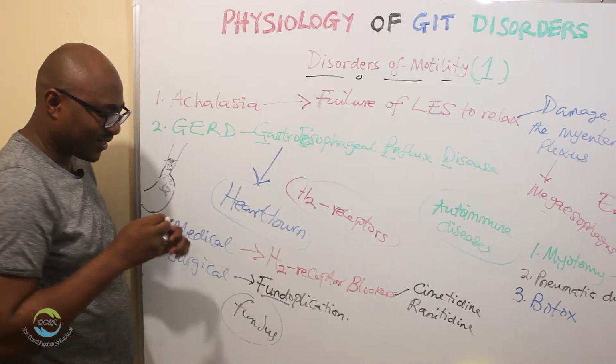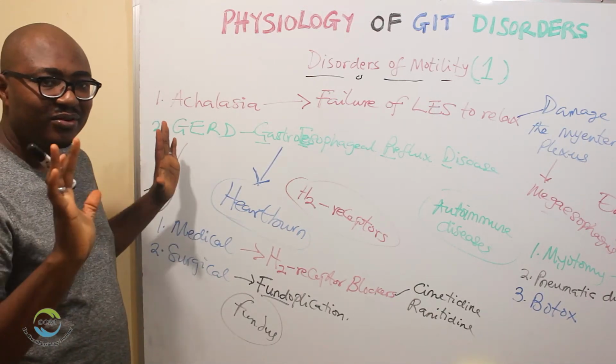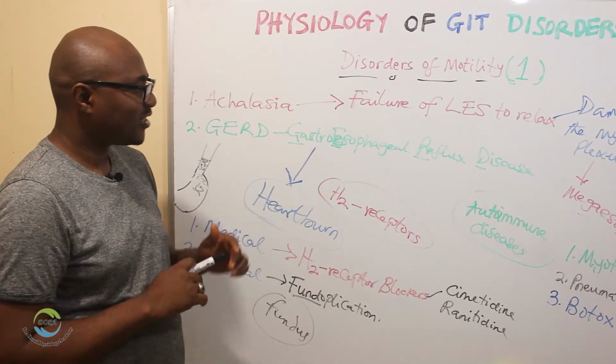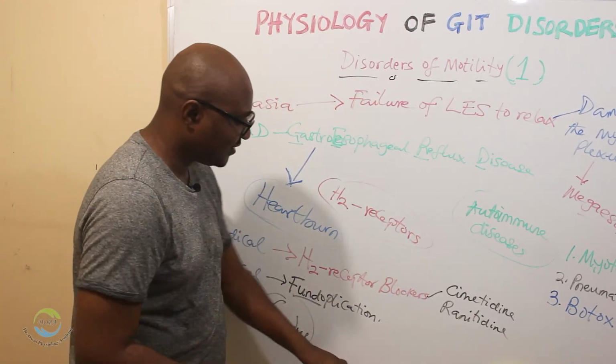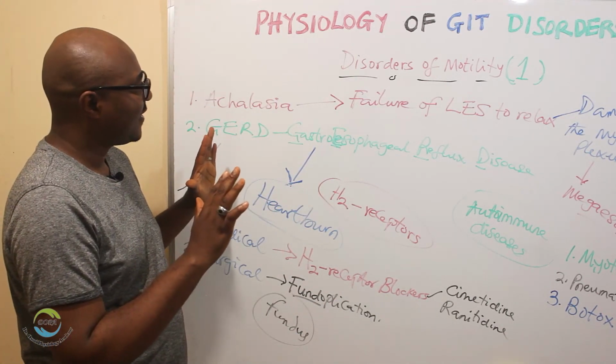That's what fundoplication is all about. It's a surgical procedure. And when you do that, problem solved. So that is how you solve this gastroesophageal reflux disease. Very straightforward, very easy. Okay?